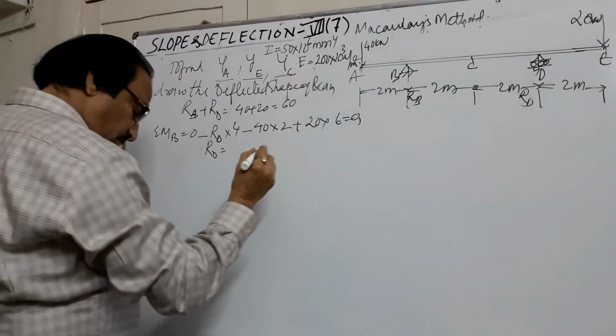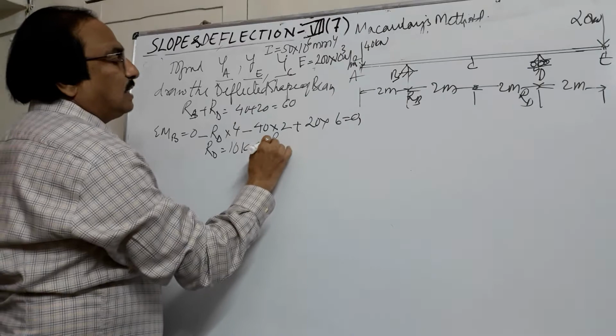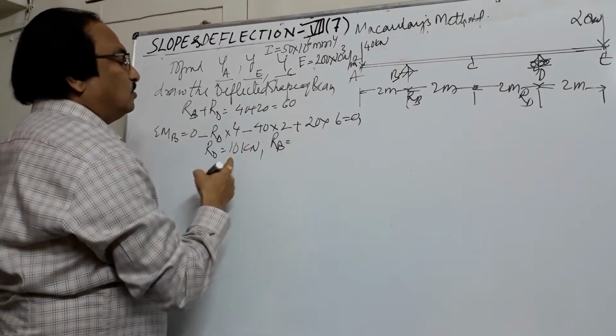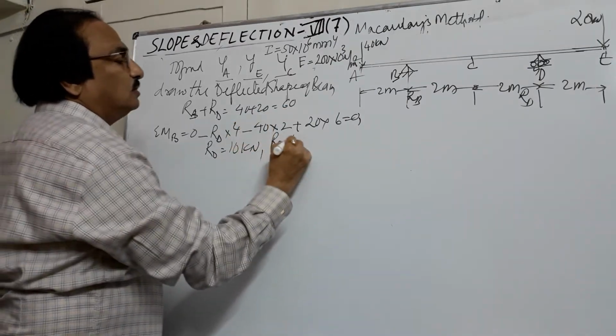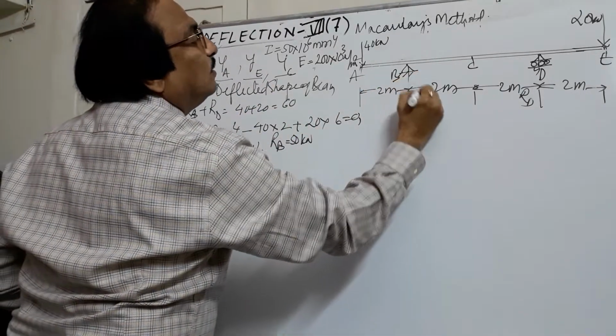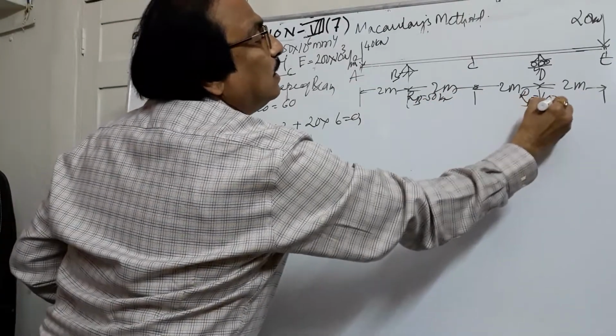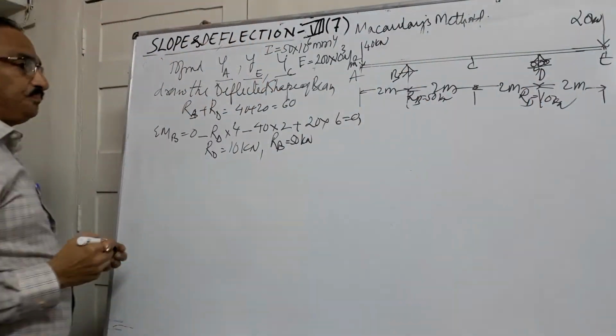If you simplify, you get the value of RD is equal to 10 kilonewton and RB is equal to 50 kilonewton, since the total is 60. So RB is equal to 50 kilonewton and RD is equal to 10 kilonewton.